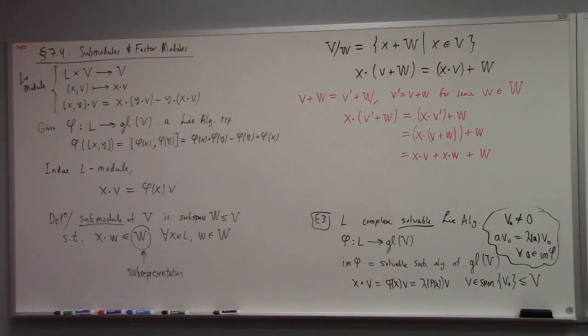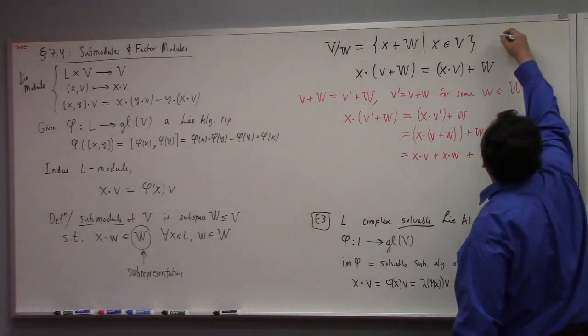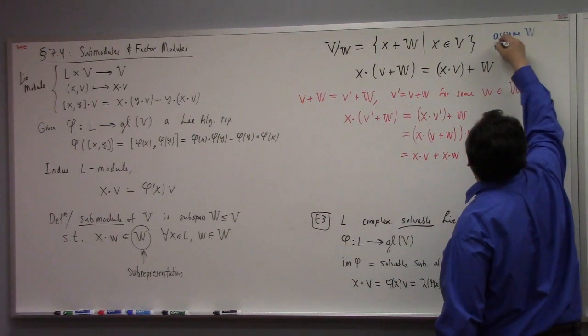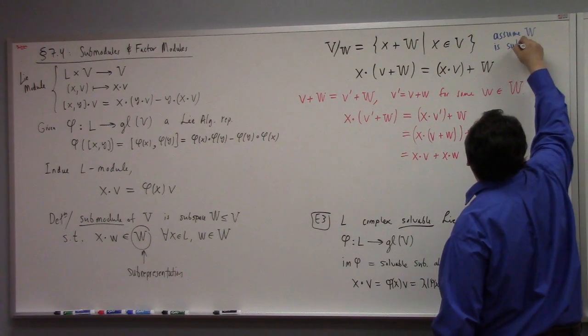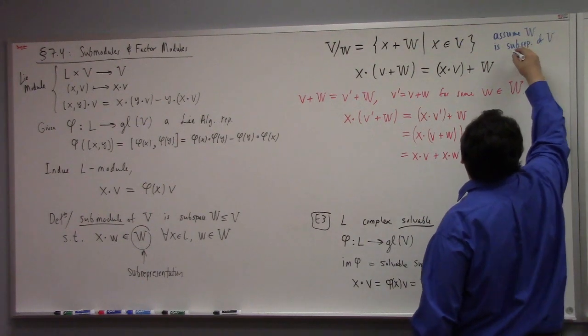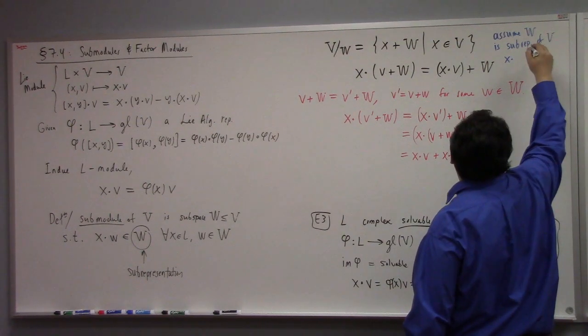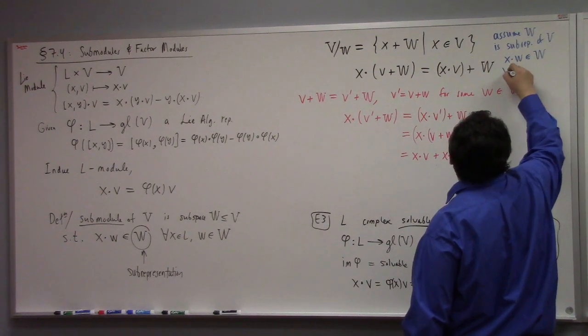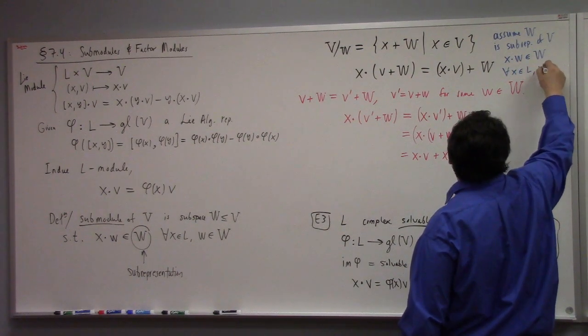Then what? We have to assume something about W for this whole construction. What are we assuming? W is just a subspace? Right, yeah, exactly. We assume W is a subrepresentation. In other words, that x dot w is an element of W again for all x in L and w in W, right?